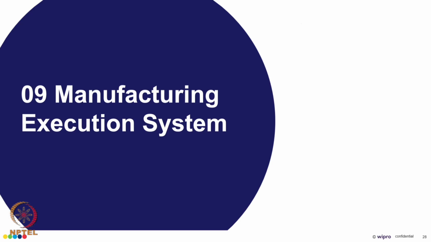By integrating functions such as rule based scheduling, material management, quality checklist, and machine performance tracking, this MES can optimize things like resource utilization and enhance the overall operational efficiency throughout the manufacturing life cycle itself.